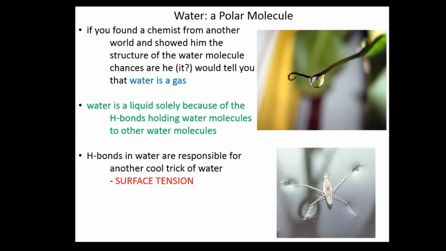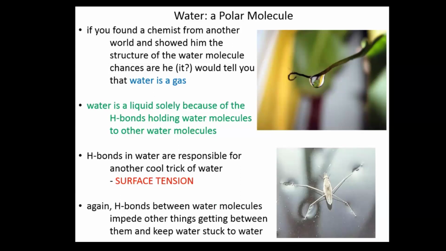And because water is holding on to water, that drop can quiver there and stay a drop and defy gravity. The gravity force pulling that water down isn't as strong as the hydrogen bond force holding the water to other water molecules in that droplet. So hydrogen bonds between water molecules stop things from slipping in between them because they're holding hands, and keep water stuck to water so that drops can form.